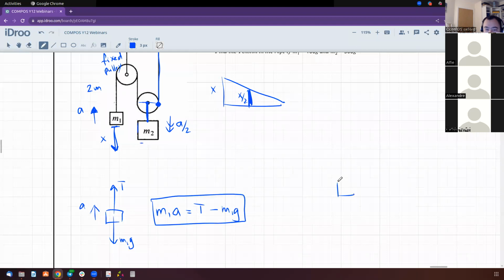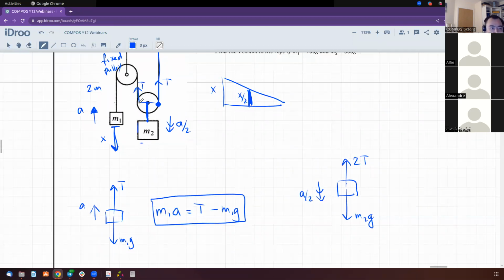For the second mass, we have M2G, and now we have two tensions here. We have tension 1, we have another tension, so it's 2T, double tension, and the acceleration is a/2.